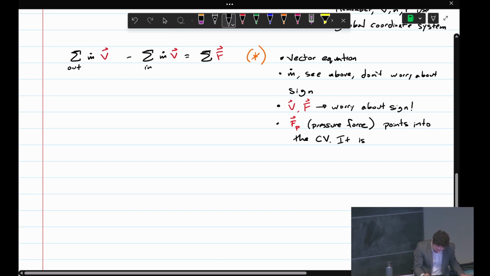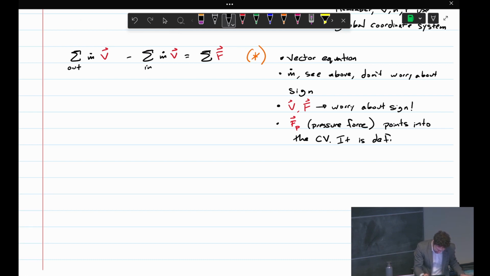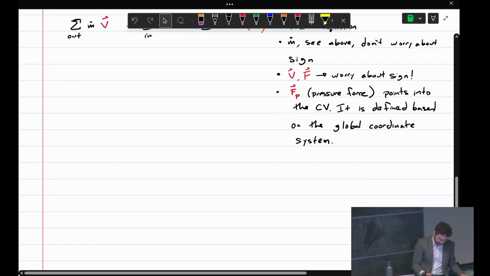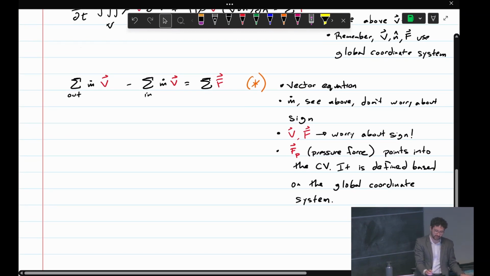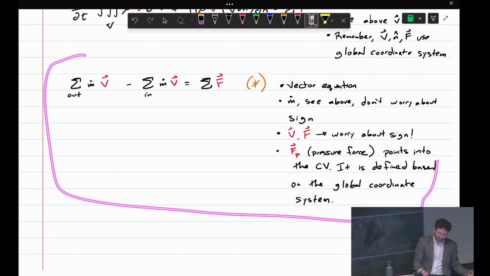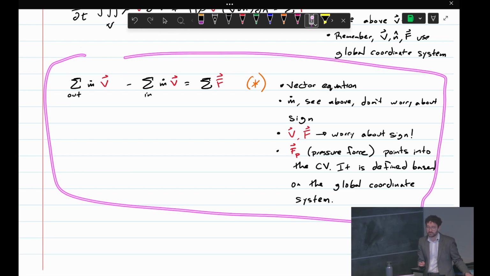It is also defined based on the global coordinate system. So any questions about use of this equation? The example that I'm going to go through today, I'll point out it has all of these common errors, but any questions about this?